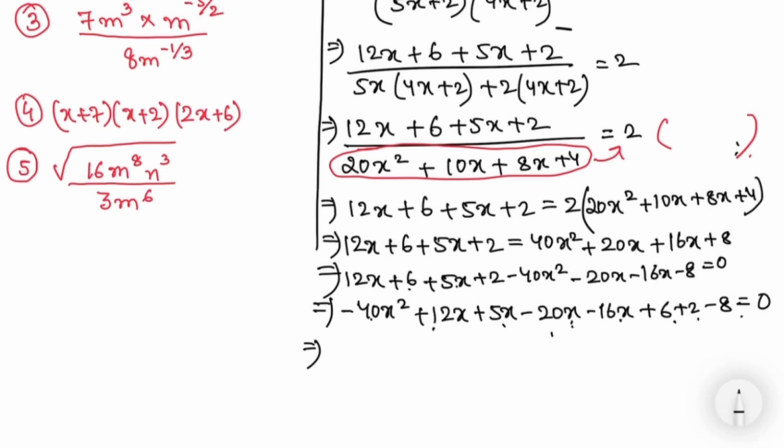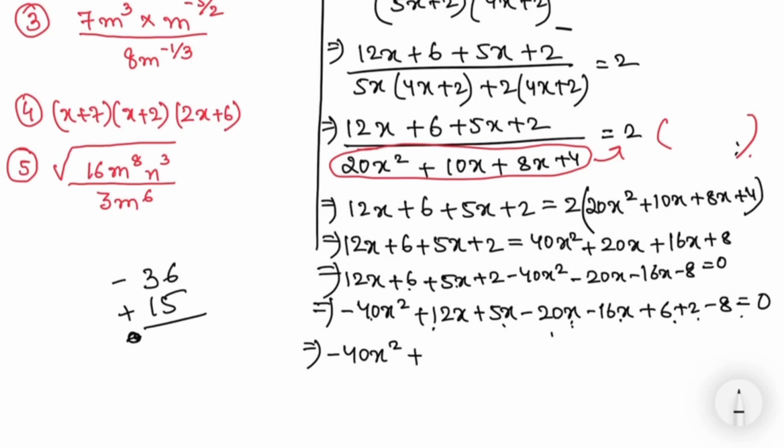Okay. Now 40x square will be alone. So we'll write minus 40x square plus 12x plus 5x is 15x. Okay. Now minus 20x minus 16x is minus 36x.